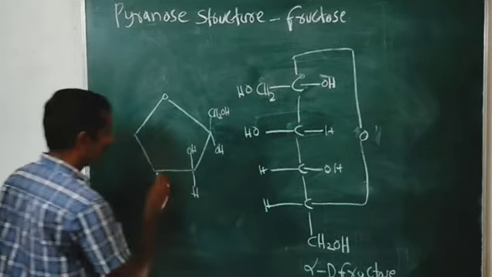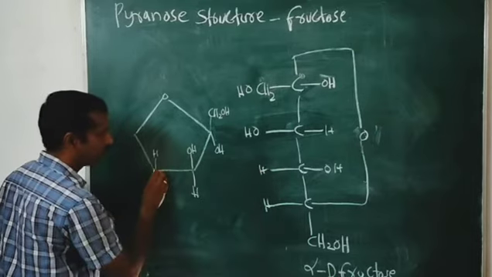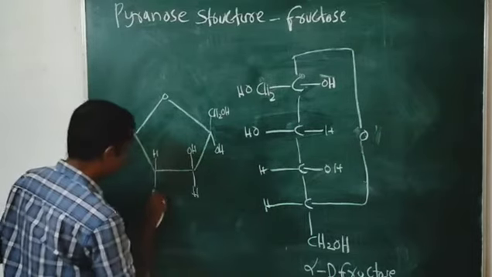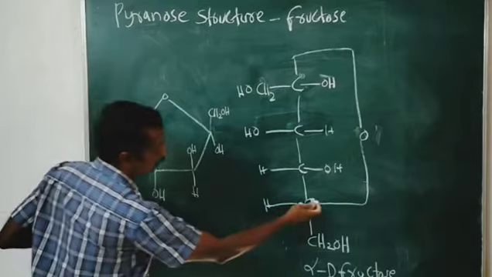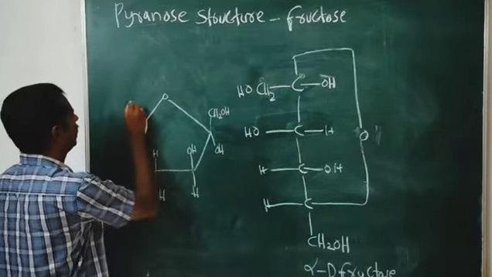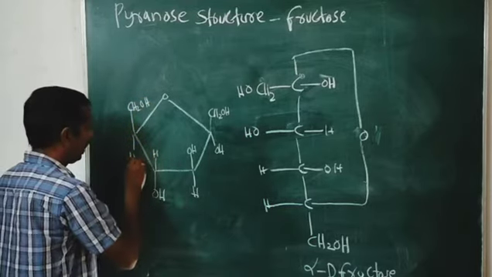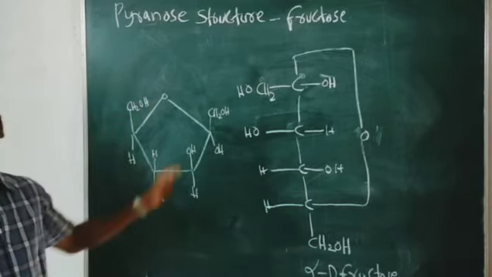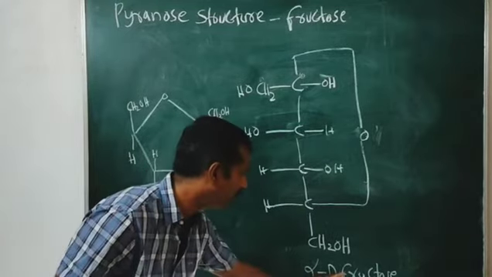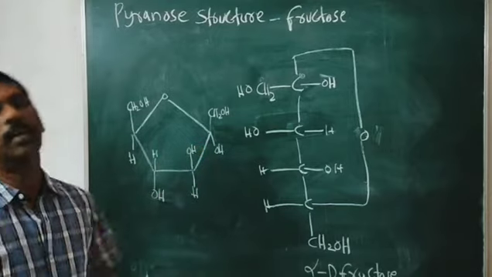And at the next carbon, H is on the left side, so H is up and OH down, and in the last carbon CH2OH. This is the N part. N part means here it is CH2OH, and here it is H. This is the pyranose structure for alpha D fructose.